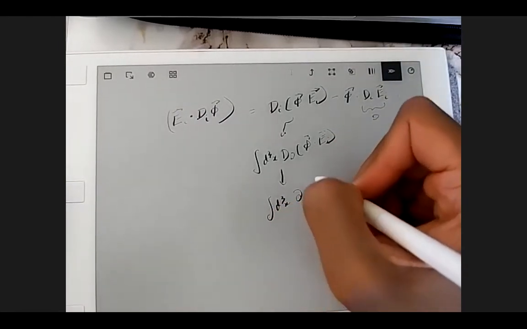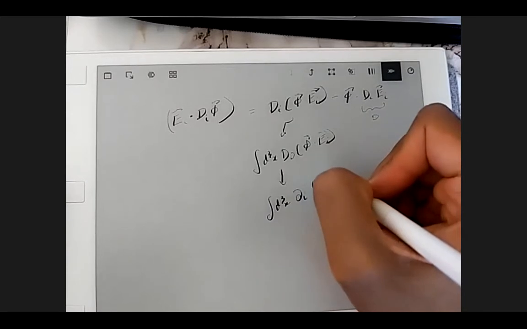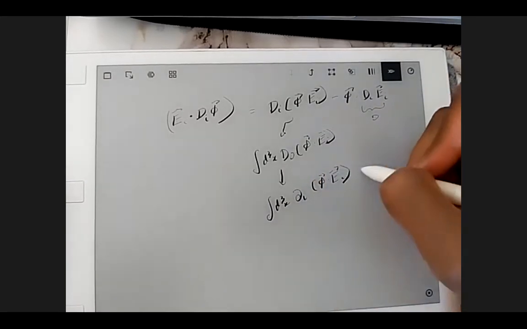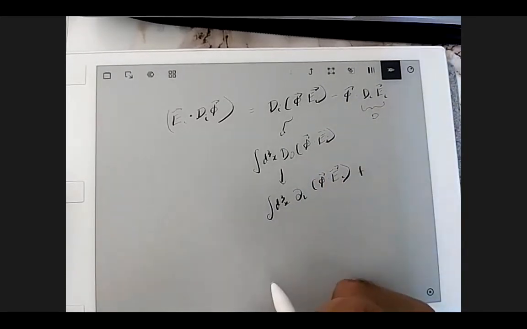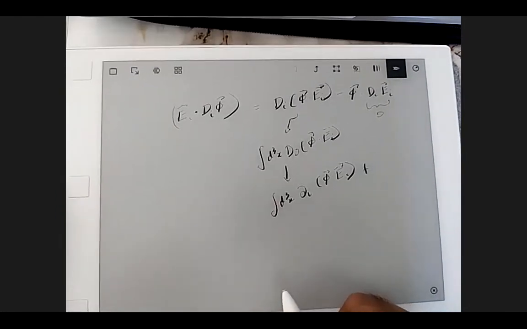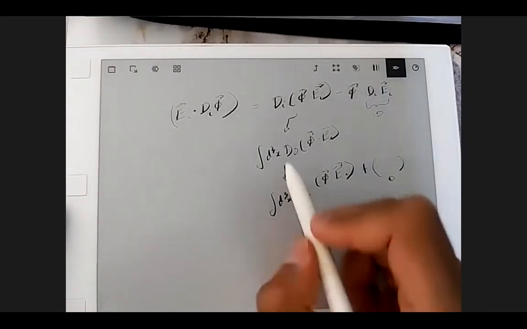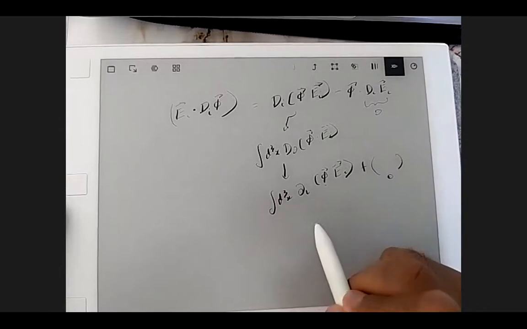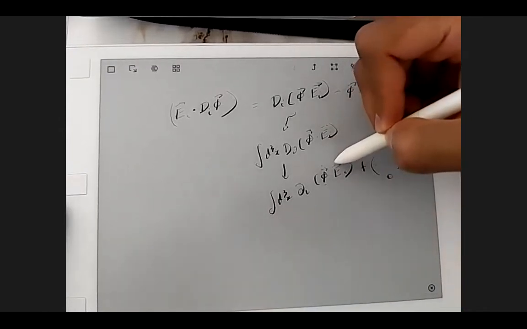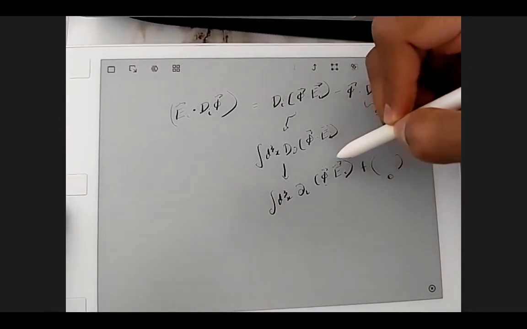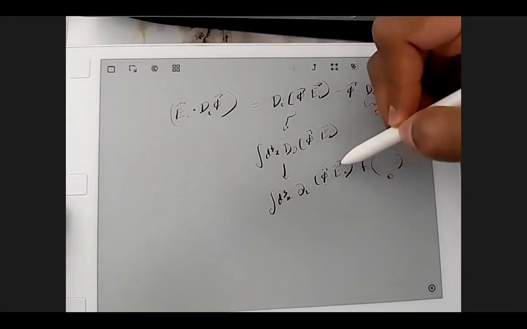I'm going to have pi plus, what's the rest going to be? Well, plus nothing. Because I have phi dot E, the internal vector indices are dotted.